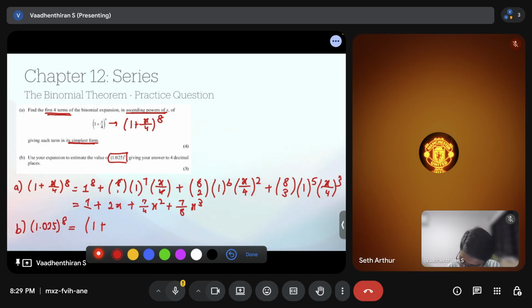So wait, how do you do this? 1 plus 1 by 40, so 1.025 is 41 by 40, right? So you can convert this into x by 4.